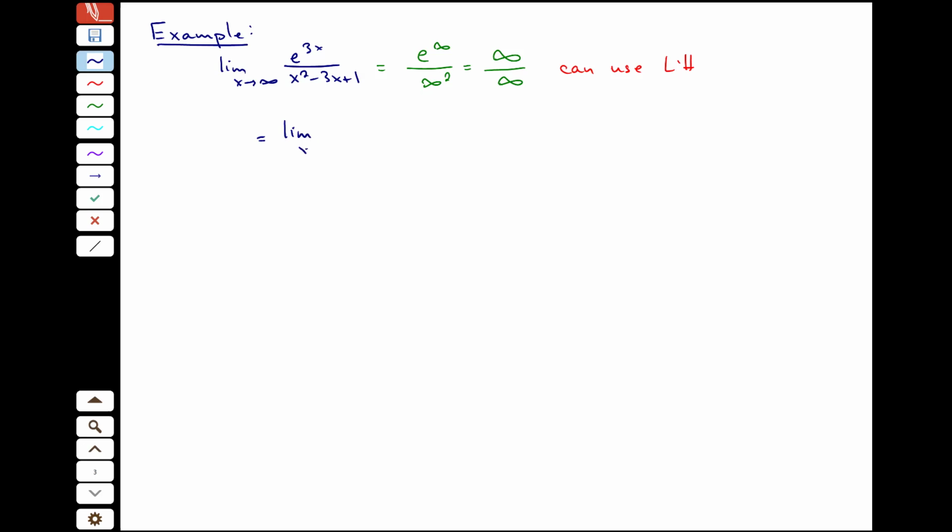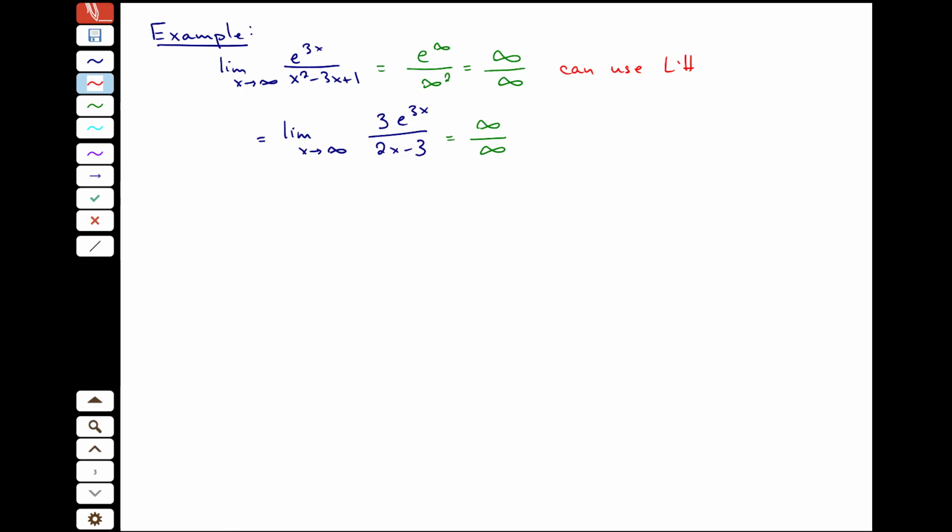Our original limit is equal to the limit as x goes to infinity of the derivative of the top, which is 3 times e to the 3x, and the derivative of the bottom, which is 2x minus 3. Now, when I evaluate this limit, I still have a problem, because in the numerator, I still get infinity, and in the denominator, I also get infinity.